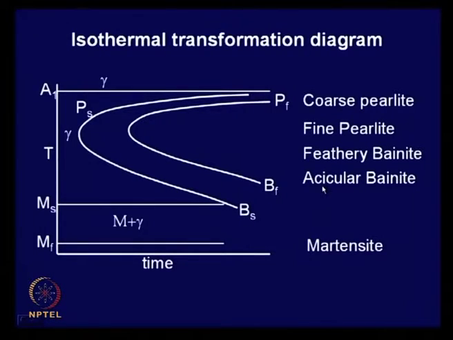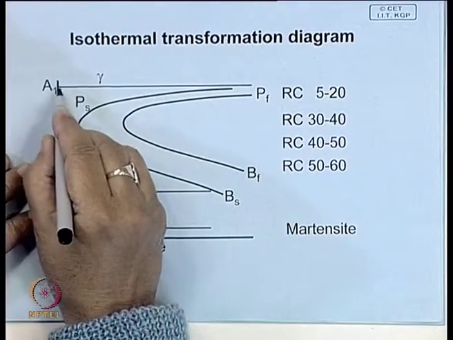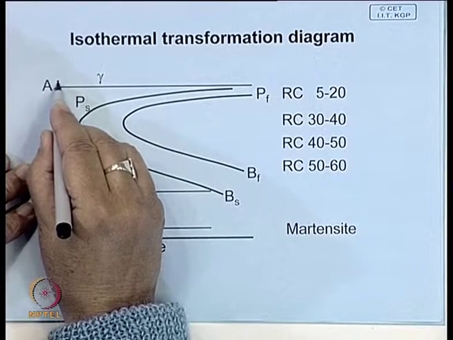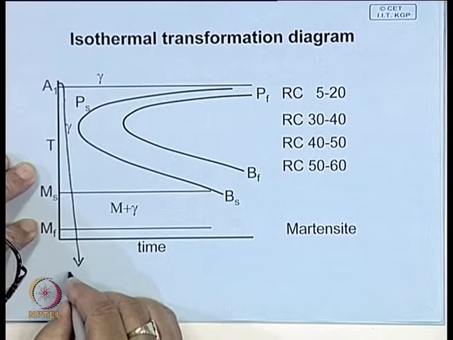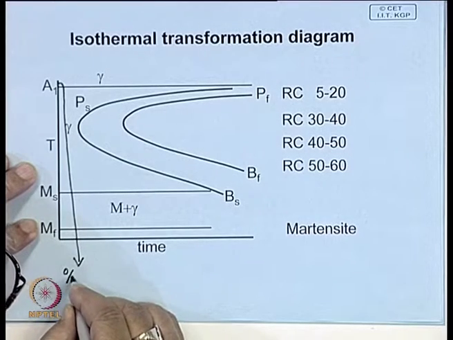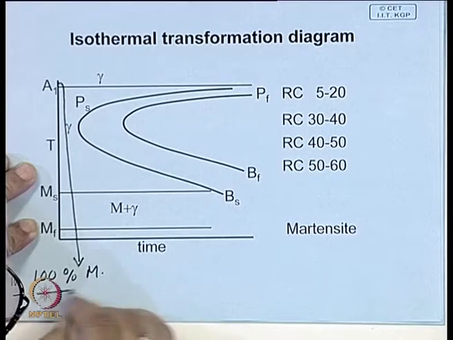And if we look at this, what happens if you quench in an intermediate fashion? Say, suppose, let us look at this diagram, what type of structure you will get here. Say suppose we have seen that when you quench like this, you get 100% martensite.